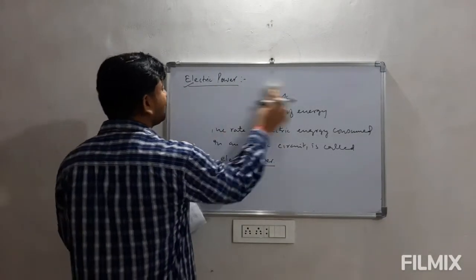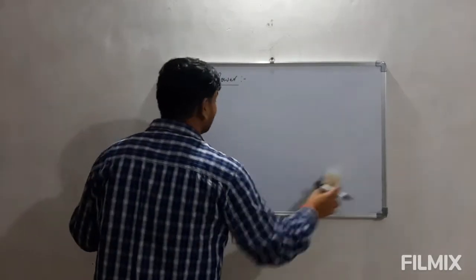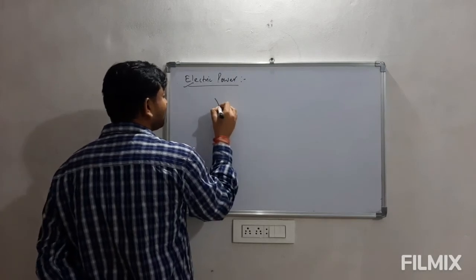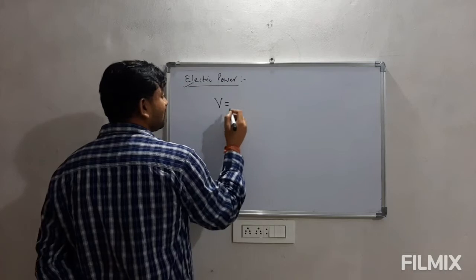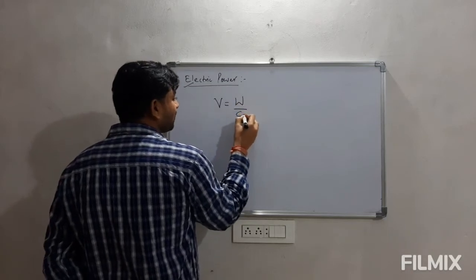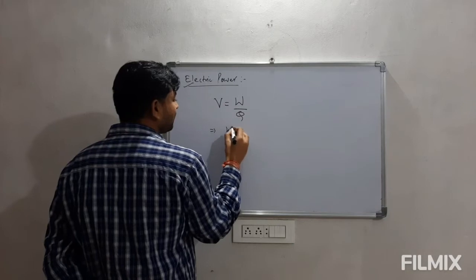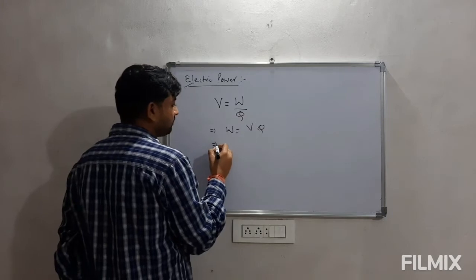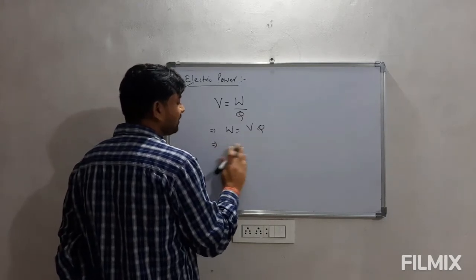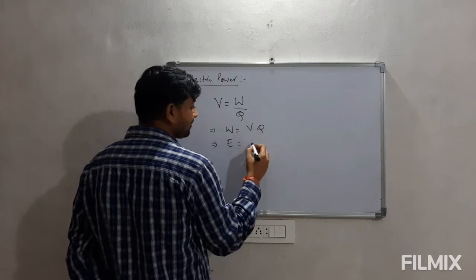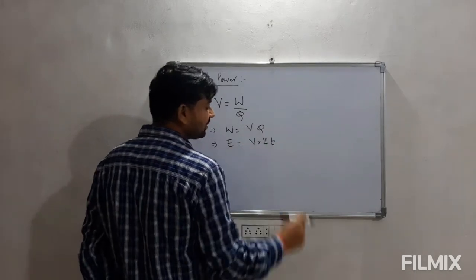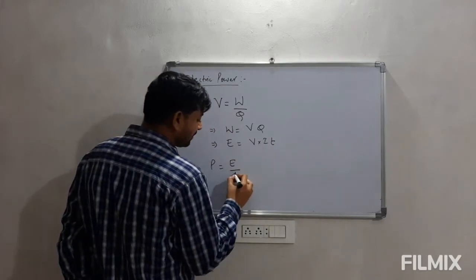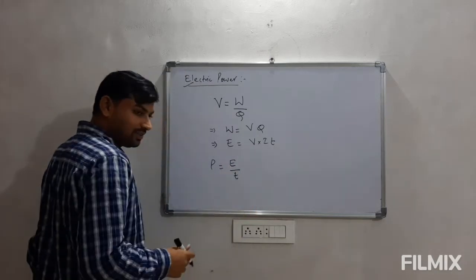Now let us come to the formula of this. As I told you earlier, this is nothing but what we get from potential difference. Let me take you back there. Potential difference is work done per unit charge. From here we are getting work done is equal to VQ, where this W is nothing but energy, and Q is equal to IT, and as I told you, power is rate of work done, so that is energy upon time.